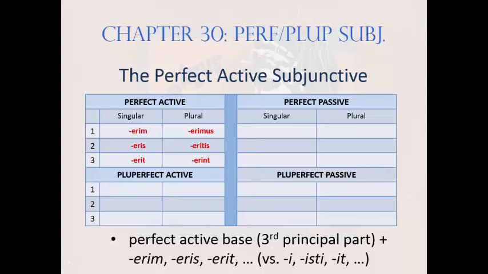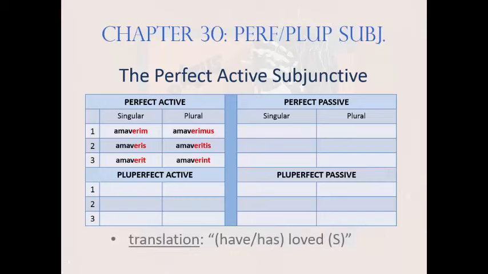When attached to a perfect base, such as amav, meaning have loved, it produces amaverim, amaveris, amaverit, amaverimus, amaveritis, amaverint. To translate these forms, follow the rules as you do with all subjunctives. Add s in parentheses to the end of the English translation. Thus, I have loved, subjunctively. You have loved, subjunctively. And so on.